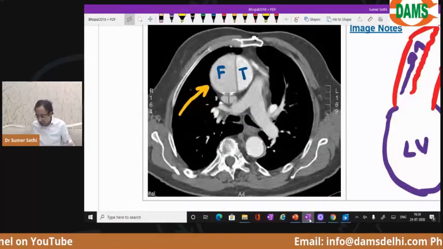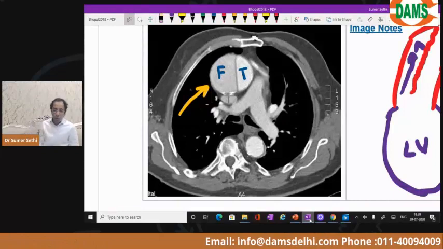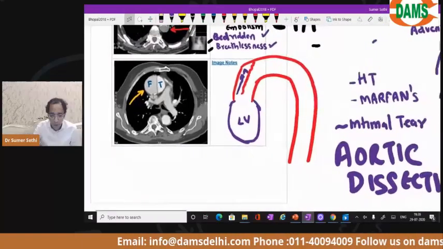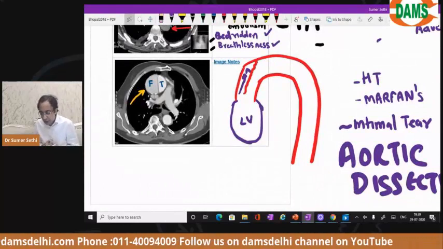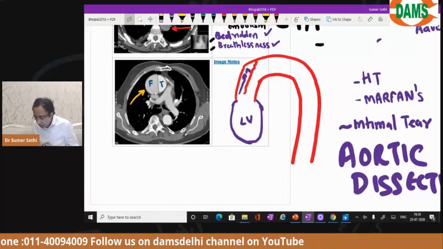Okay, so I had something urgent to sign. So I hope you can see now. This is the pathophysiology of Marfan's and hypertension, why they develop aortic dissection, and this is how it looks. Are you clear with this or not?